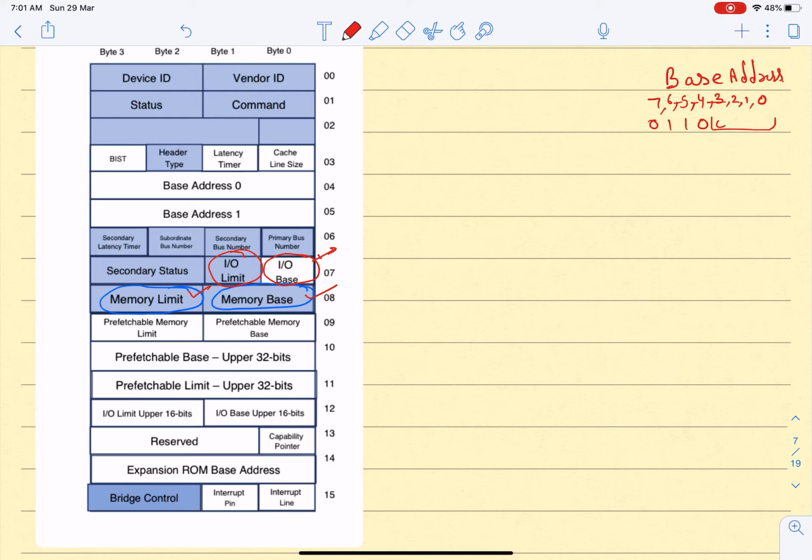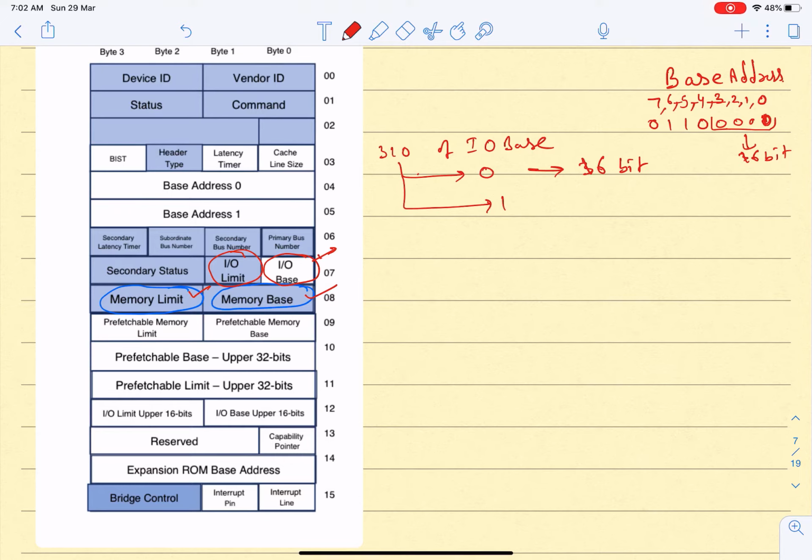So if it is 0, it tells that this IO address will lie in 16-bit space. Let me write it here: 3 down to 0 of IO base, 0 means 16-bit IO address space.